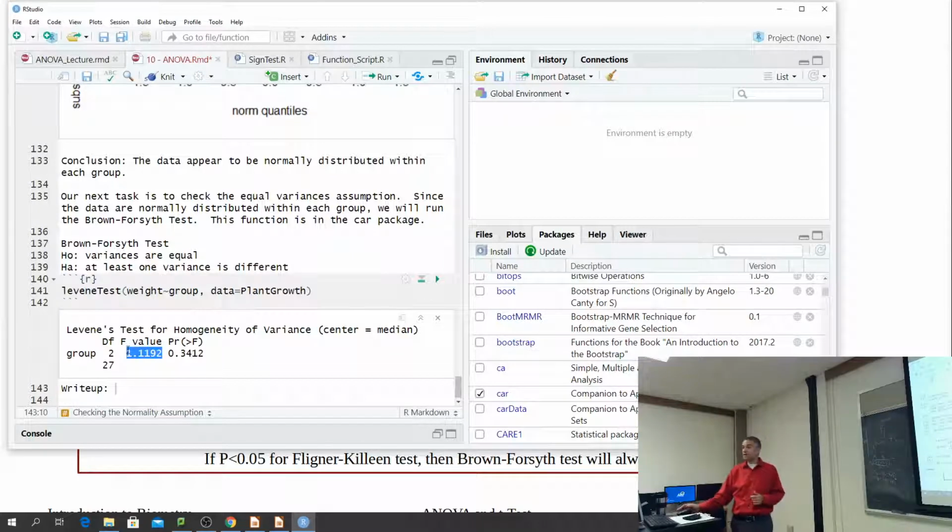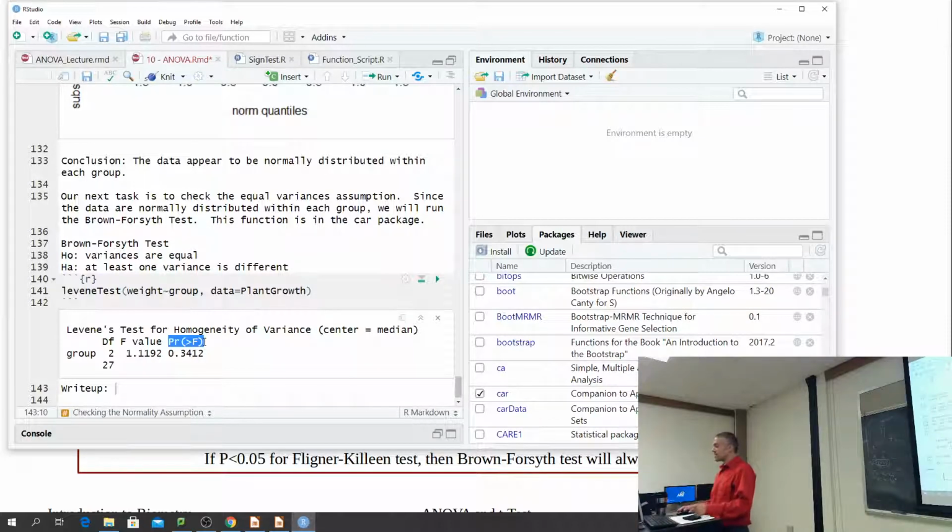How likely are we to get this or something more if our variances actually were equal? That's what this is saying. What's the probability of getting a value greater than F than our test statistic under the assumption that our null hypothesis is true? So this 0.34 is our p-value.